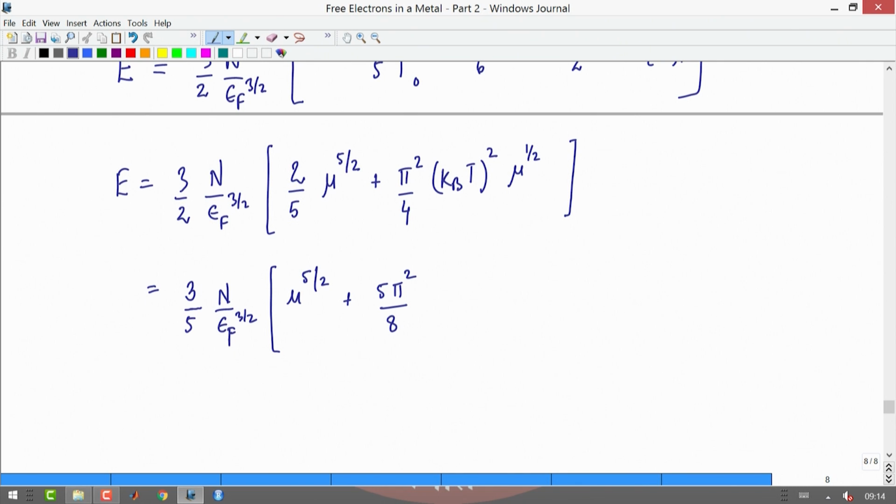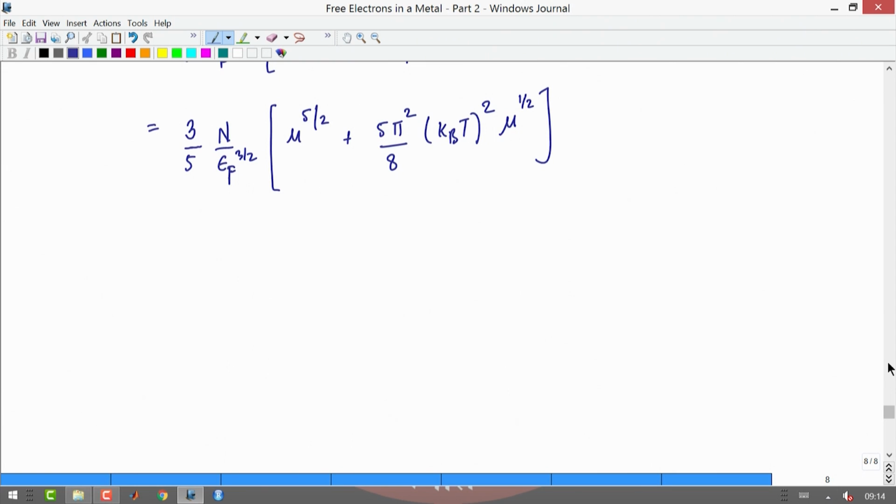Okay. So, this is multiplied to kT square into mu raised to half. Now, what I can do now is just take mu, non dimensionalize this mu by simply saying that I am going to keep a factor of Fermi energy outside, and what I will do is take Fermi energy inside to the power 3 half.